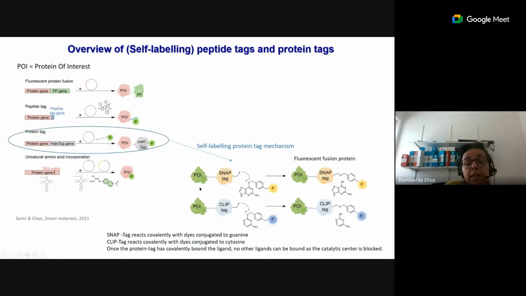So how is it done? First of all, you need to express your protein of interest, here in green, together with the SNAP protein, and then the fluorescence probe conjugated to a guanine is added.